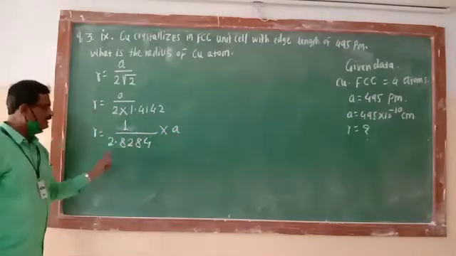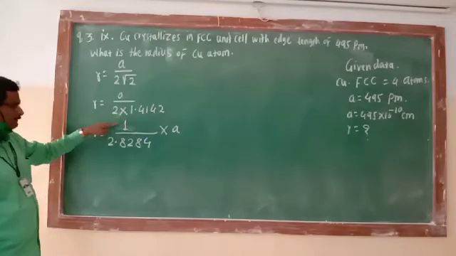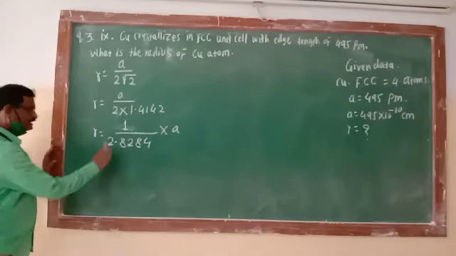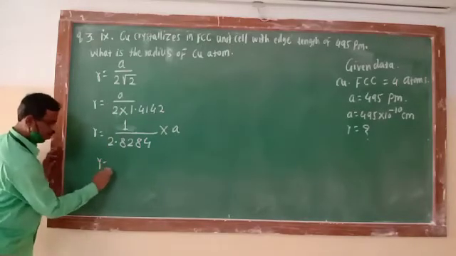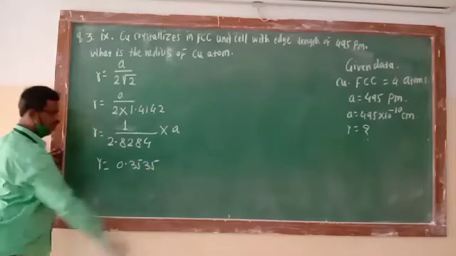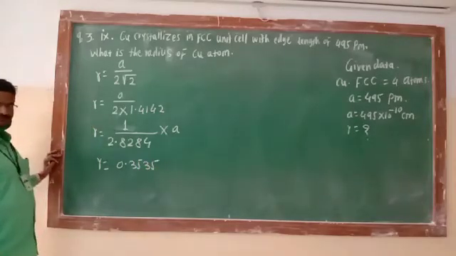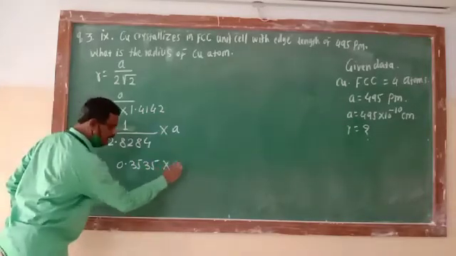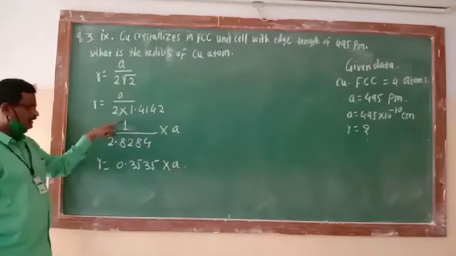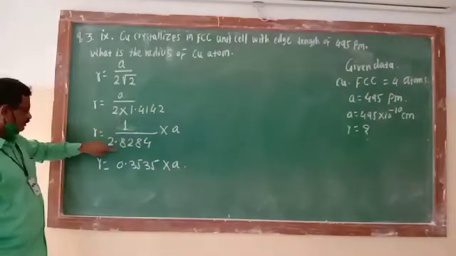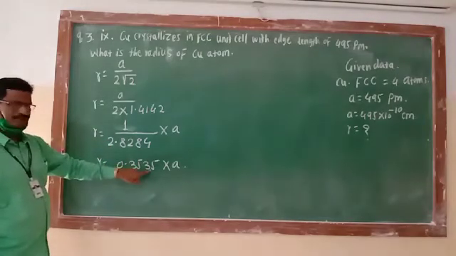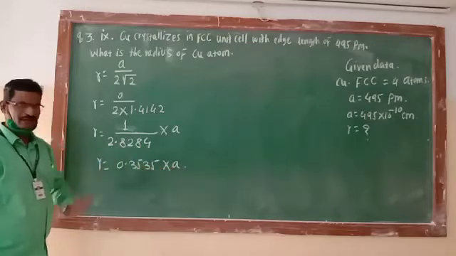If we solve this figure, 1 divided by 2.8284 comes equal to 0.3535, multiplied by a. So 1 divided by 2.8284 will be equal to 0.3535, and this is a over here.